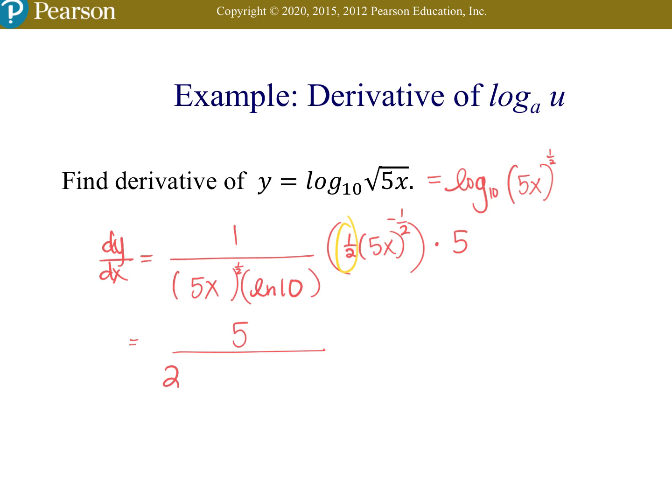The next constant is the ln of 10, so I'll put that first. I always put my constants first. Then I've got a 5x that was already in the denominator with a 1/2, and then I need a second 5x that comes down to the denominator also with a 1/2. So one of them was already down there.